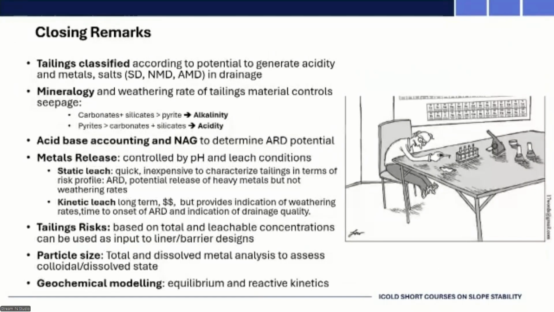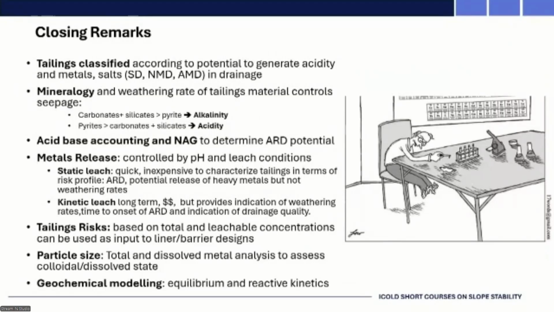So I think that's just about me. The closing remarks are that they're classified as to whether they're going to be saline, neutral, or acidic, and that's based on the metals and the ability to generate acidity or not. The mineralogy is very important. If you've got more carbonates and silicates that are weathering faster than your pyrites, then you're going to have an alkaline system.